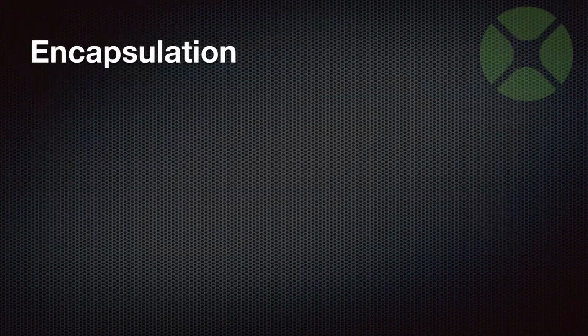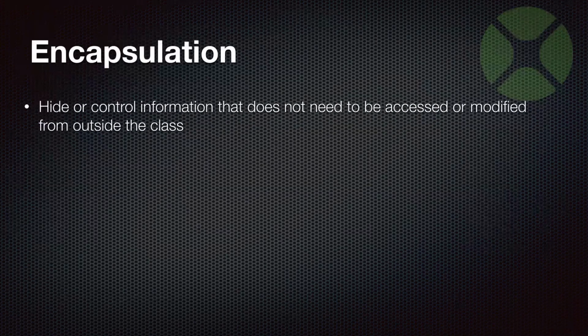All right, now I want to talk about some of the features that you get when you're using object-oriented coding. And some of them I've touched on a bit before, but give them actual names here. So encapsulation. This is where you can hide or control information that does not need to be accessed or modified from outside the class.